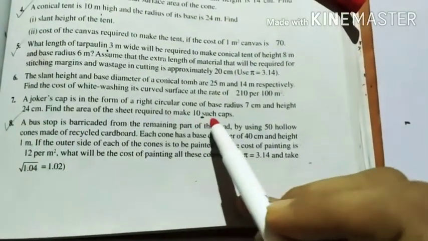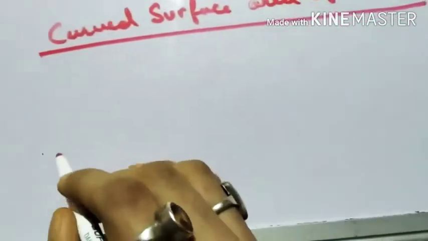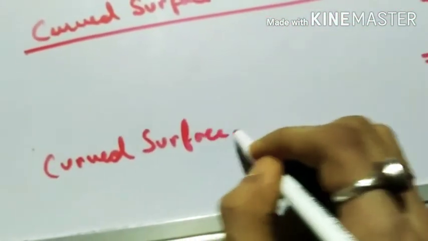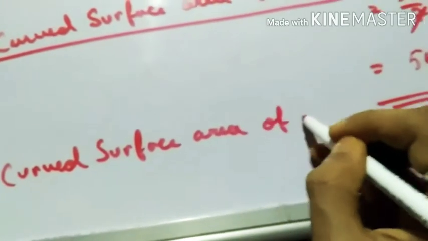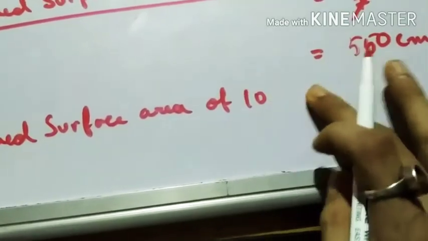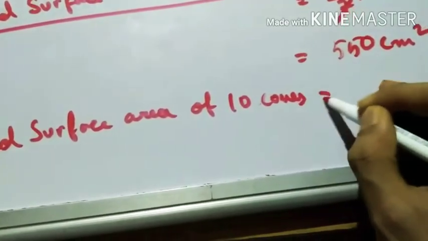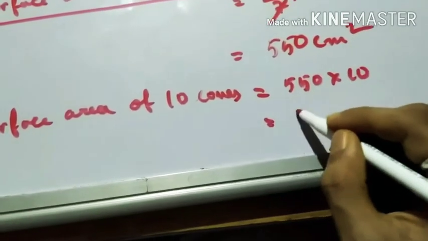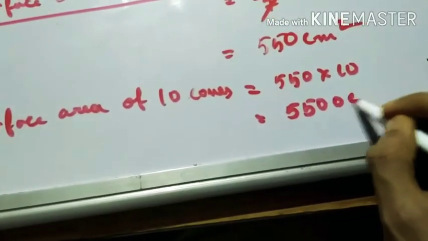Now here it is asking to find the area of the sheet required to make 10 such caps. So now I will have to find the curved surface area of 10 cones. It will be 550 into 10 is equals to 5500 centimeter square.